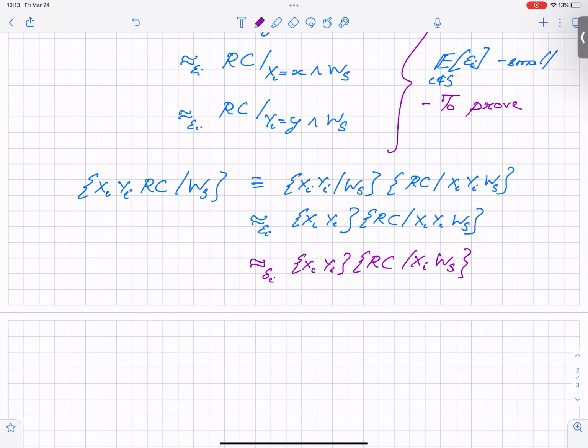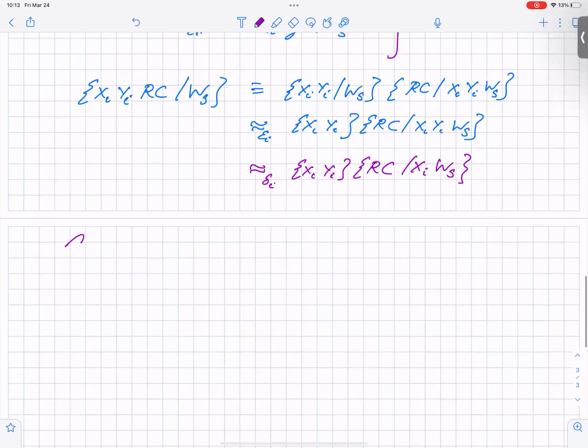And then you use the correlation sampling lemma to say that all three parties get the same copy. So you will first show delta i, and then you will show similarly xi, yi, RC, ws is not close to.